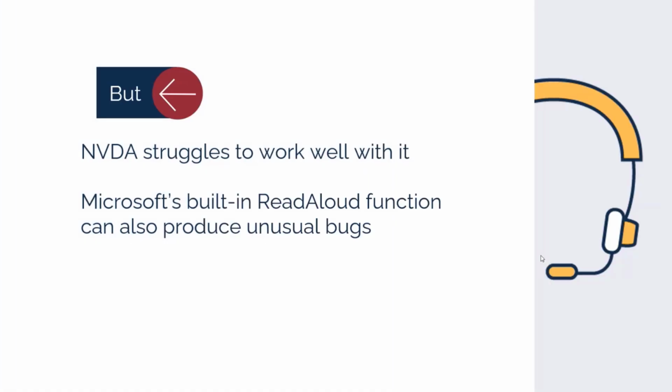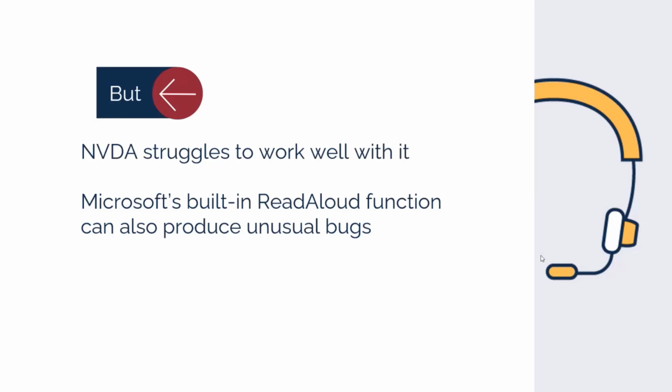Now, Microsoft's built-in read aloud function can also produce some strange bugs. For instance, we're working through one right now where the screen reader just switches to Spanish for confusing reasons. And of course, NVDA is free, but JAWS costs money. And a lot of universities have licenses with JAWS in order to provide it to learners for free, but this is just not true for all institutions.